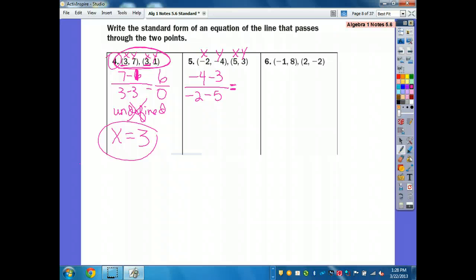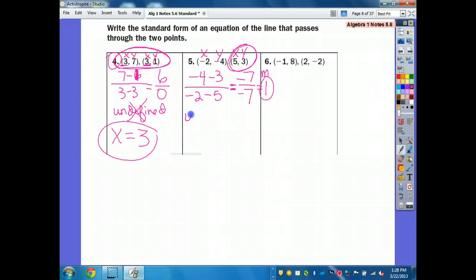All right, because this ends up being -7 over -7, which equals 1. That's my m. So now I've done step number 1. Step number 2, substitute my numbers. Which ordered pair do you want to use? The -2, -4, or the 5, 3? 5, 3. I figured you'd pick that because there's no negatives. I would too. So good job.